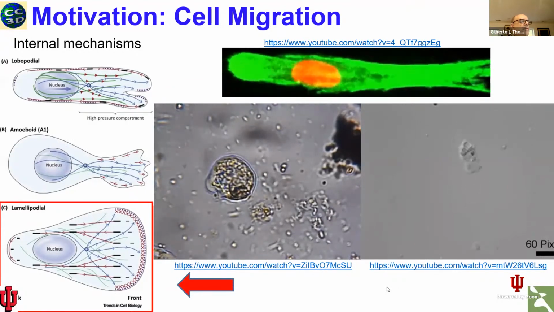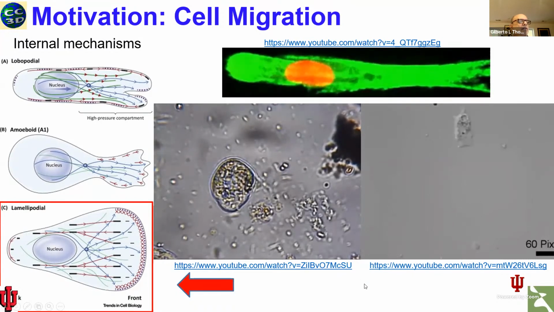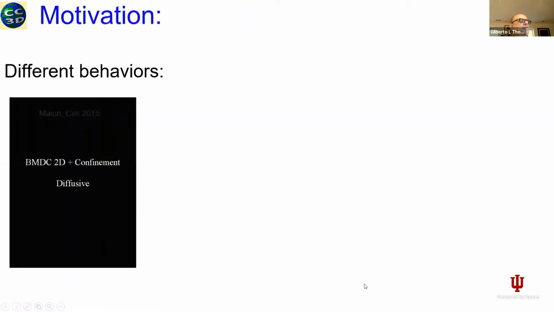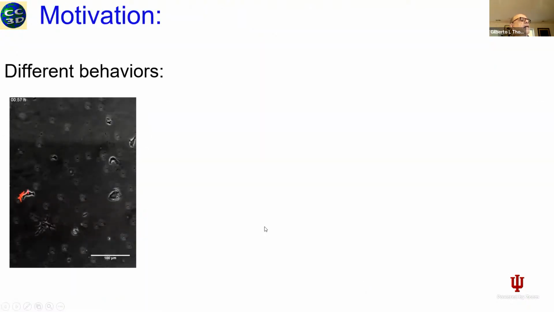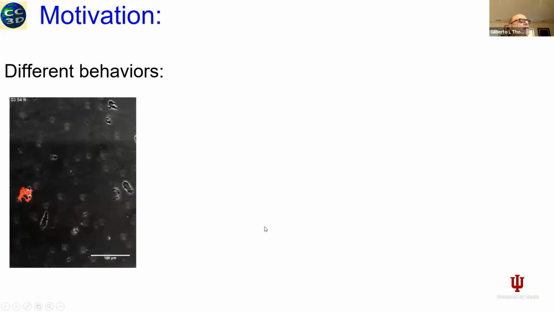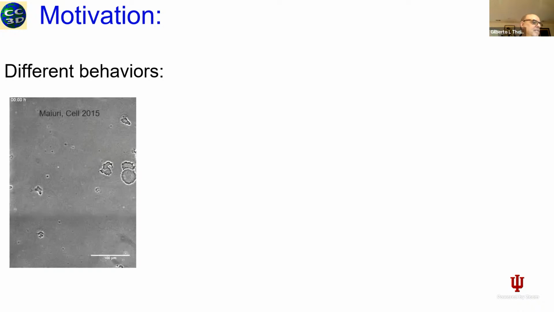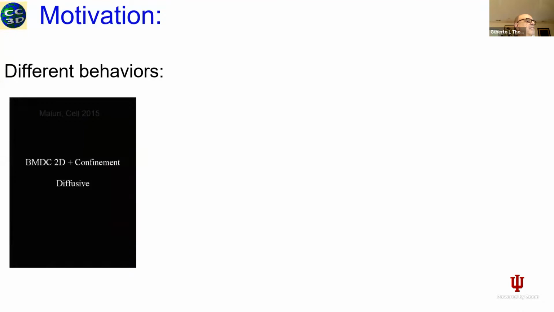Okay, the lamellipodial motion. Let's have a little look at it. But before that, we also know that cells have different behaviors. For example, in this fast movie I'm showing you, there are three kinds of movements.